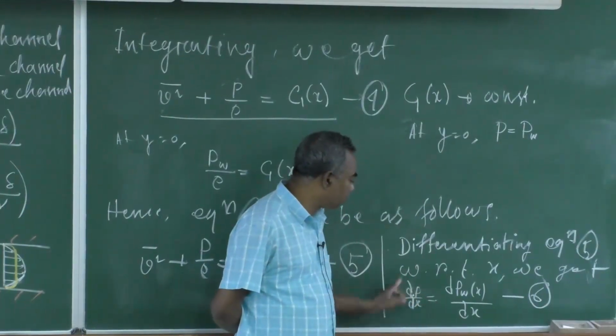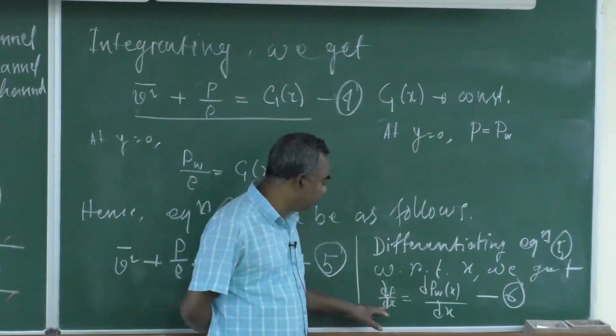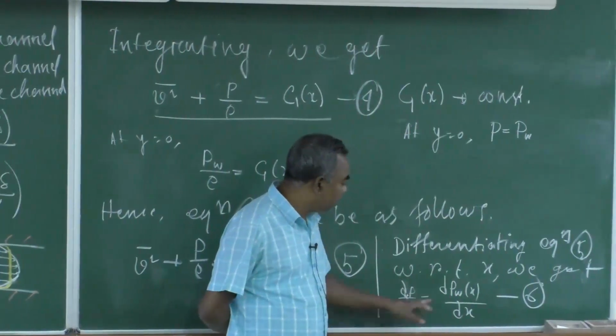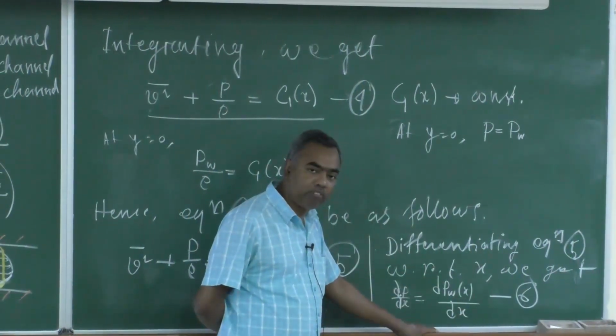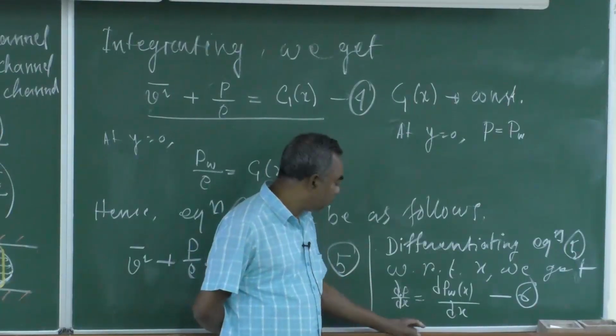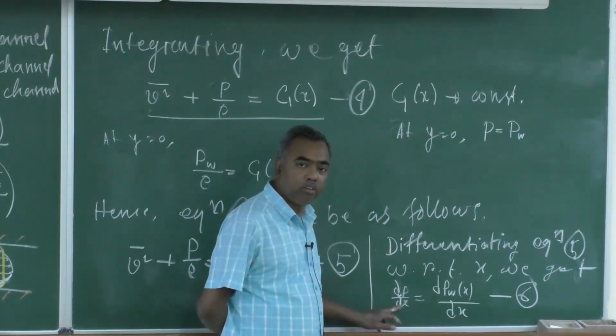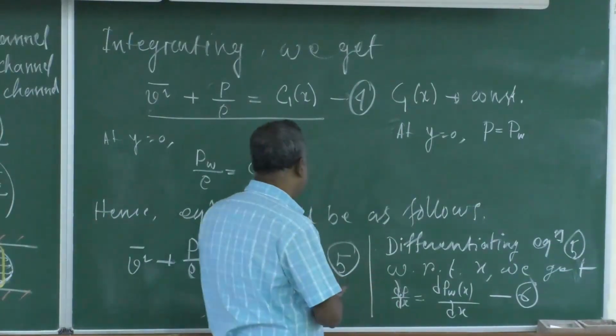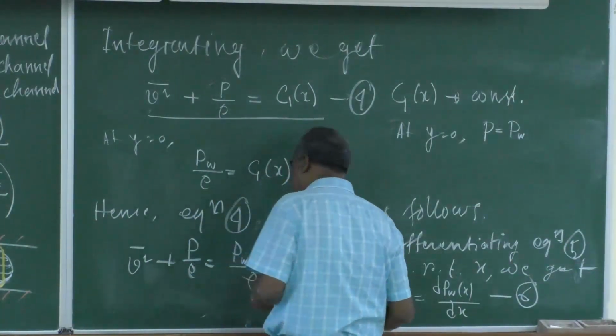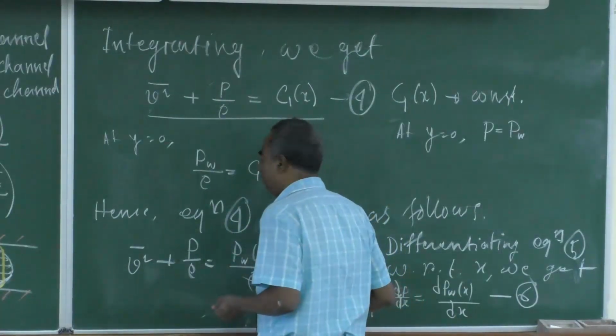This is also showing something very interesting, that because the right hand side is the sole function of x, the ∂p/∂x essentially does not vary with y. So, the streamwise pressure gradient does not depend on y, that is what it says. All right.